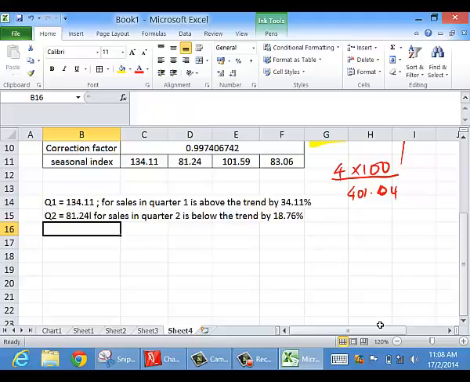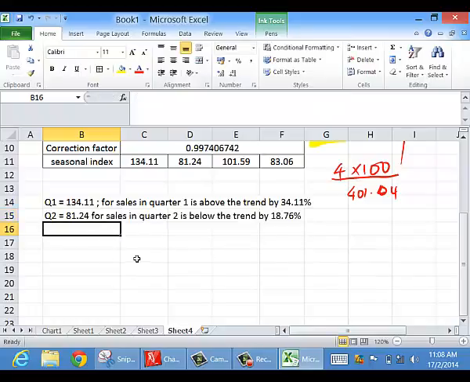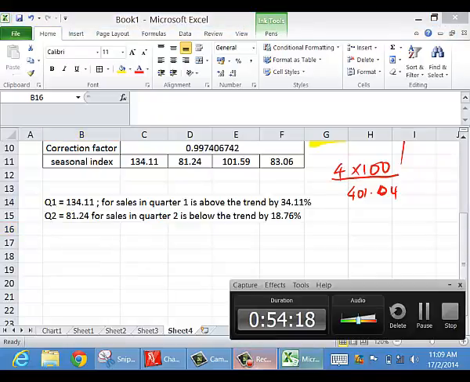Boleh good? Then you interpret for quarter number 3 and quarter number 4. Right, for quarter number 3, the sales is above the trend by 1.59%. And quarter number 4, the sales is below the trend by 16.94%. Cukup. Right.